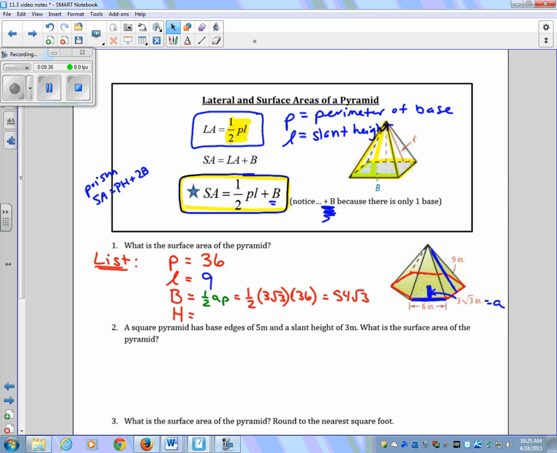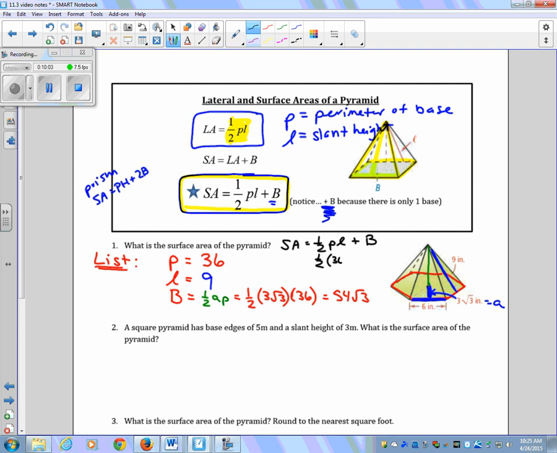Now, the height of the whole pyramid, okay, I guess we don't really need it in this case, because they didn't ask us to find volume. All right, so surface area, 1/2 PL plus 1 base.